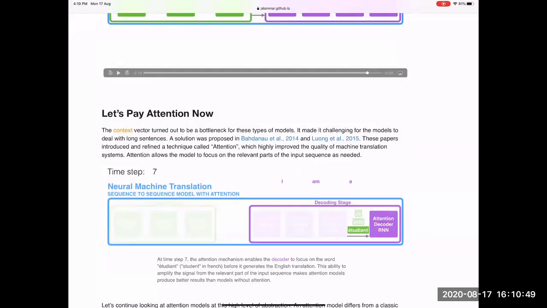So can we not only predict, but also learn an attention? At the 7th time step, when you have predicted I am a, and now you are going to predict student, at that point the network has to give more and more weightage to the hidden state in which my encoder was when I was looking at studente in French.